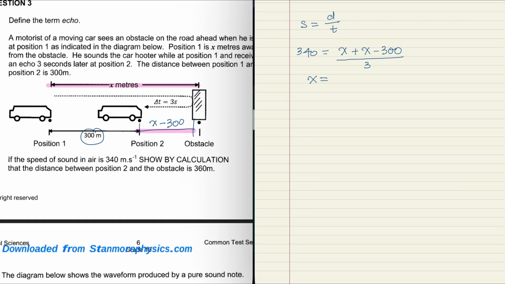X is going to equal 660 meters. So if this entire thing is 660 meters, then the distance from position 2 to the obstacle, that's going to be 660 minus 300, which is equal to 360 meters.